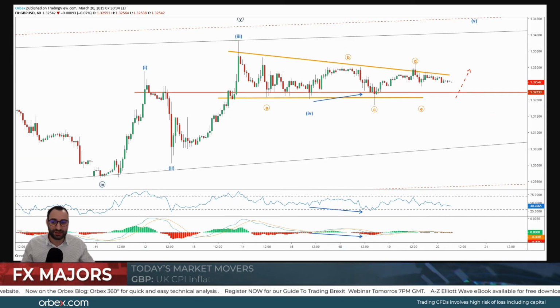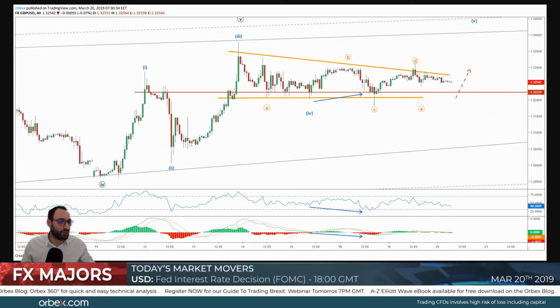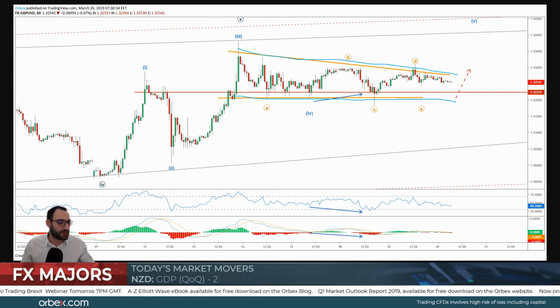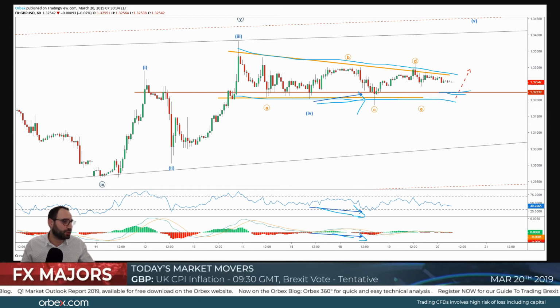I want to talk about the pound a little bit as well. There's not much that happened since yesterday. We are still moving within this triangle pattern. We identified it, I think, on Monday or Tuesday, or maybe even last week. I'm seeing some supporting moves here for a bullish bias, and in case, of course, prices hold above this level, which seems to be holding quite firmly as we speak.